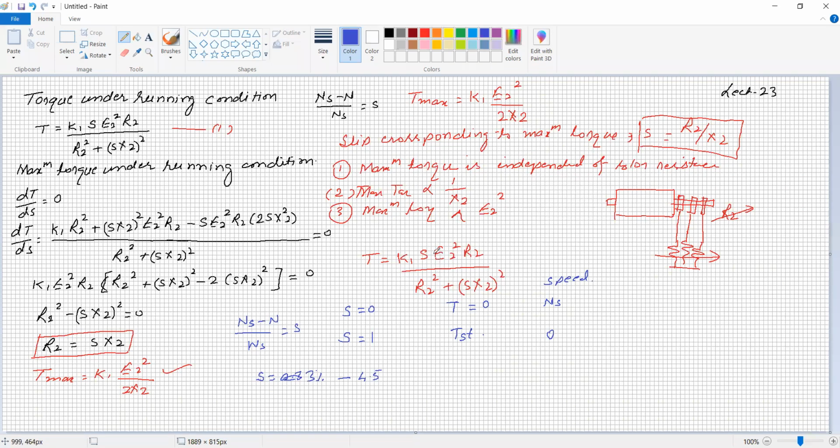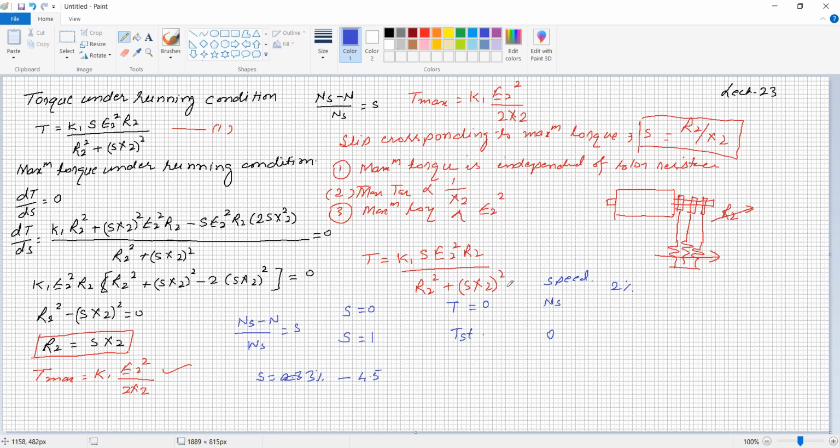So at a small value of slip, this term becomes very small and negligible. For example, at s equal to 0.02, (0.02) square is 0.0004.